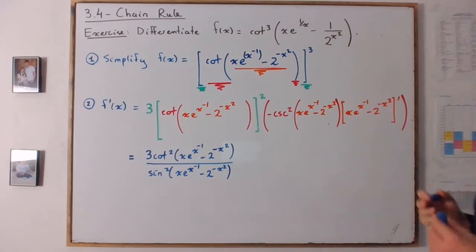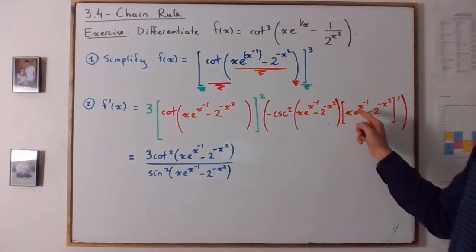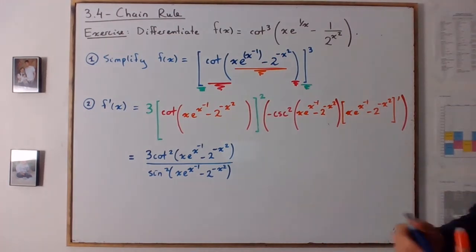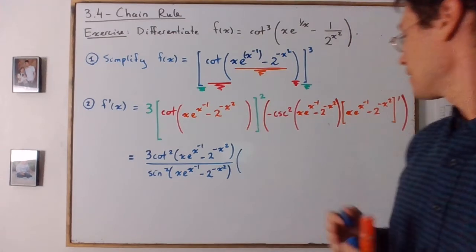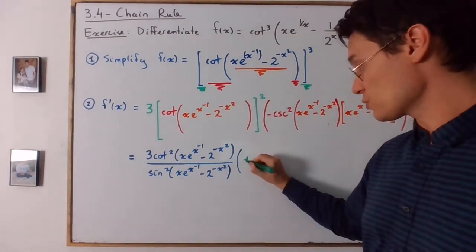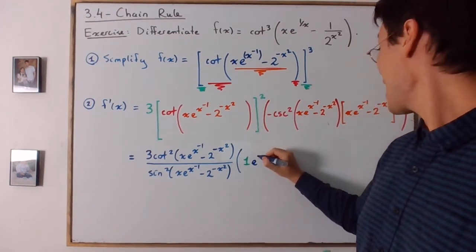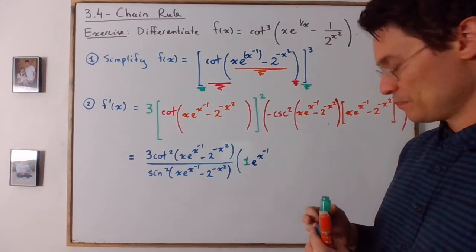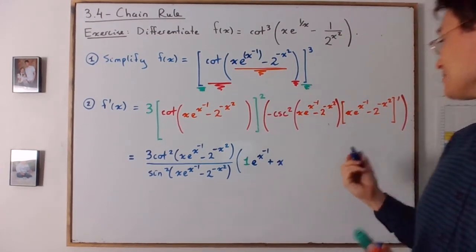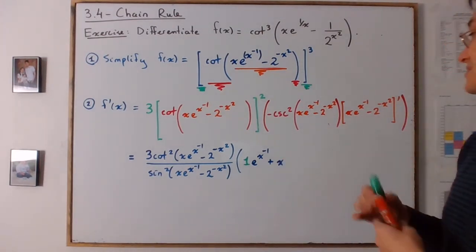Now let's deal with this derivative. So first off here, you're going to have a product rule. So using the product rule, you will have here the derivative of the first, which is x, times the second, e to the x to the negative 1, plus the first, times the derivative of the second, which is also an outside-inside rule.